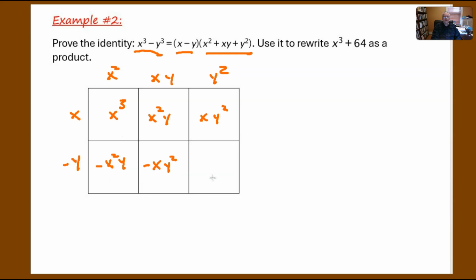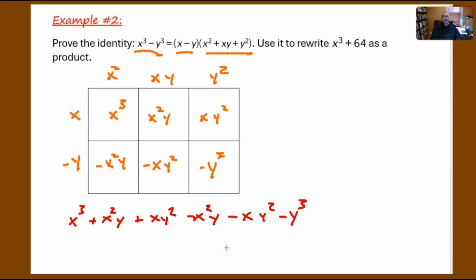And minus y times y squared is minus y cubed. So we have to add all of these up. So here we go. We get x cubed plus x squared y plus xy squared minus x squared y minus xy squared minus y to the third.